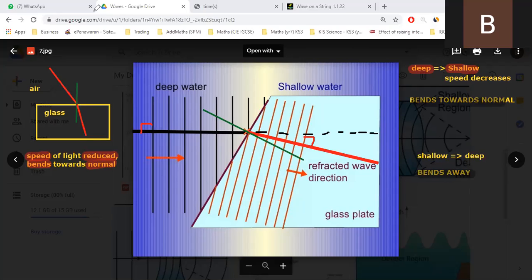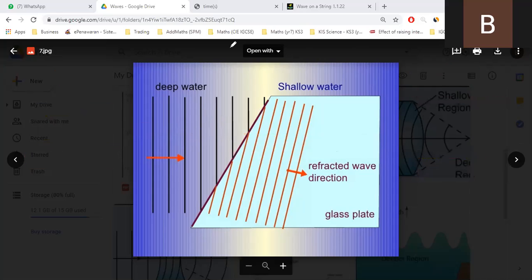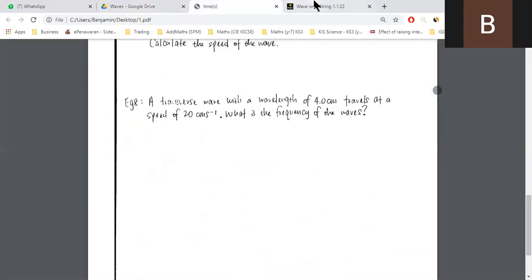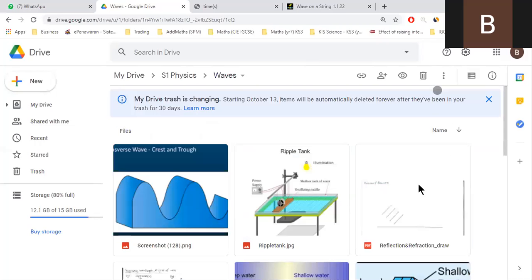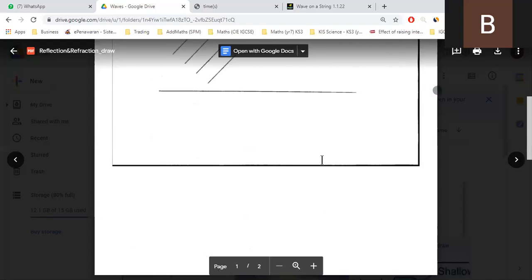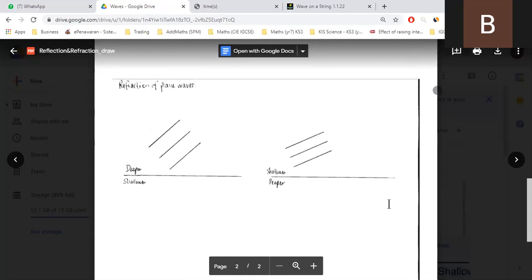Okay, last one in refraction is you need to know how to sketch it, just like reflection. For reflection and refraction, you need to know how to draw the positions. So I have an example here.